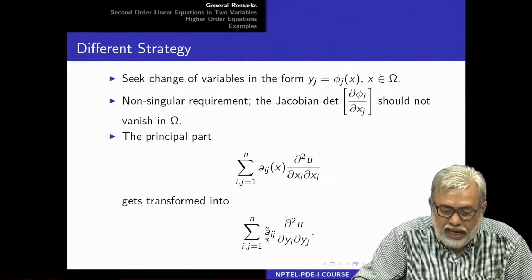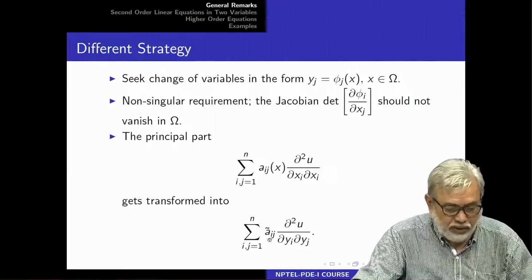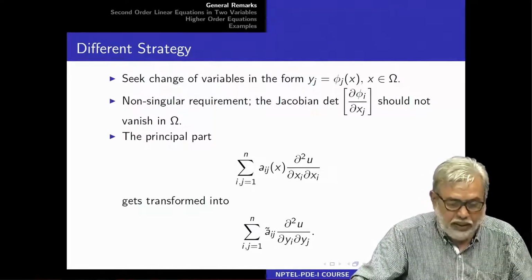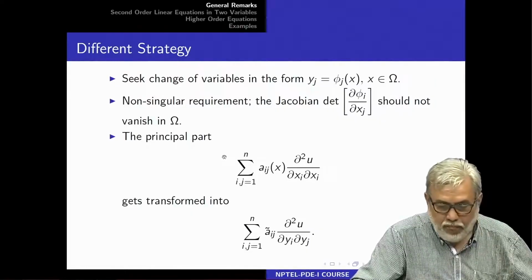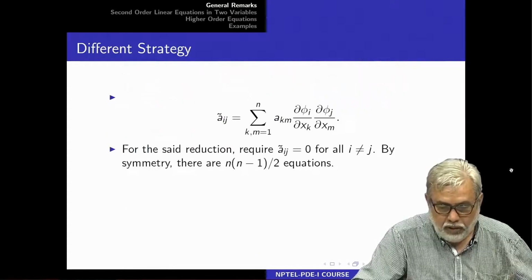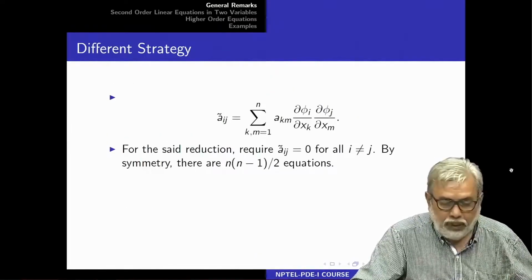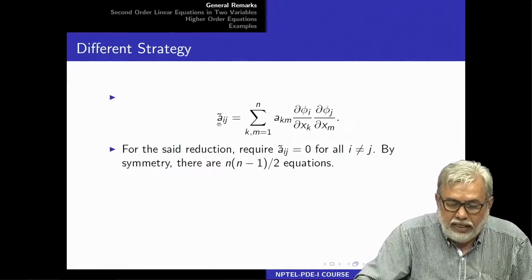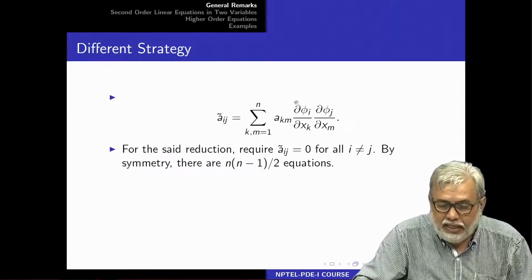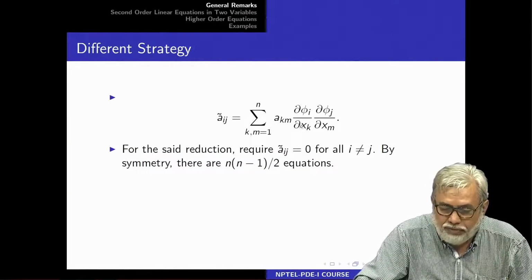So, what are these a_ij tilde? Okay. They are easy to compute, some tedious calculation, but simple differentiation. So, you compute them. Here I am writing a_ij tilde in terms of a_km and the transformation phi_i.